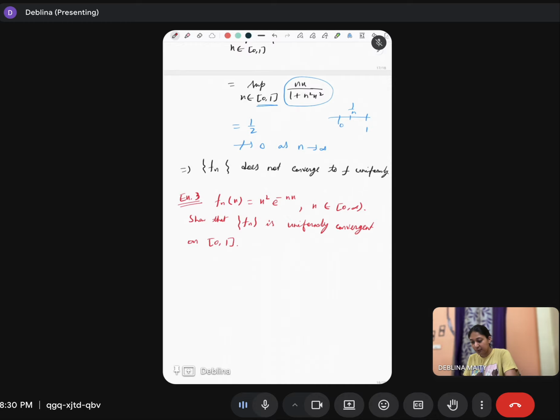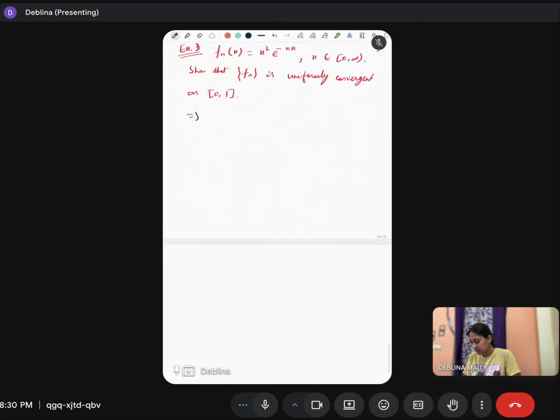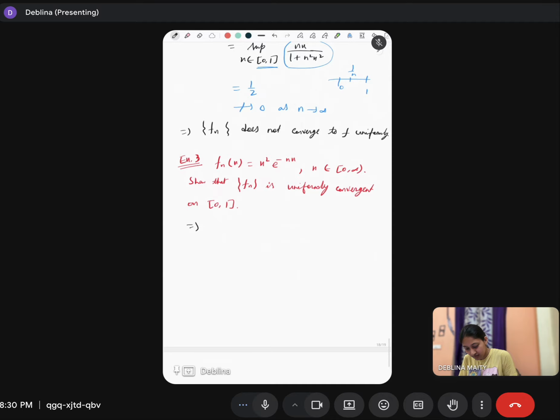Now first we have to find out the pointwise limit. So I think we have already done this. Limit n tends to infinity, fn(x) is what? It is x square by e to the power nx, right?